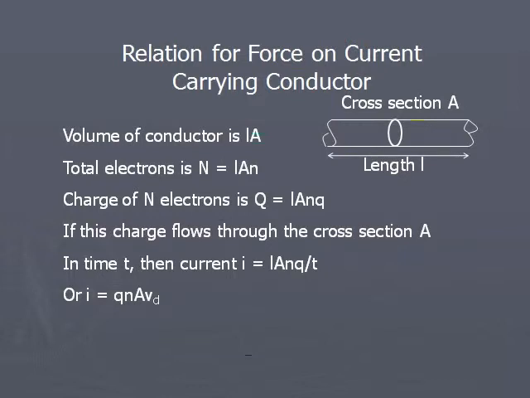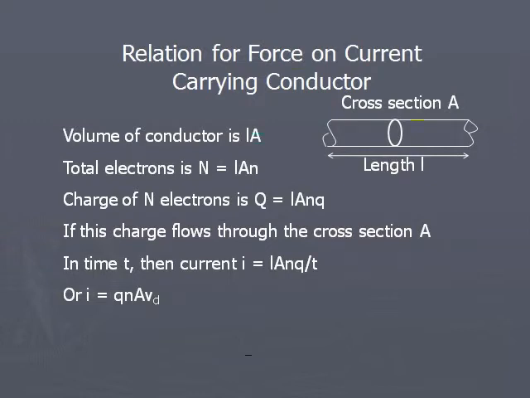If this charge is crossing the cross section in time t, then the current in the conductor I is equal to total charge by time. So that is nLAQ divided by t. The current in the conductor I is equal to nLAQ divided by t.